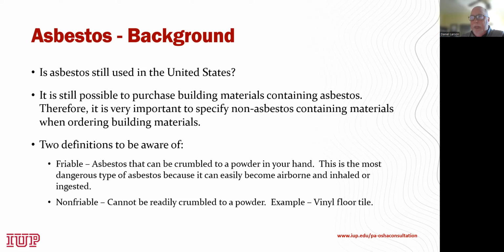And of course, that creates a dust, and the asbestos fibers can become airborne easily. There are also non-friable asbestos containing materials, and these are building materials that really can't crumble by hand pressure. It's less likely that the fibers are going to get released. Examples are vinyl floor tile and mastics.